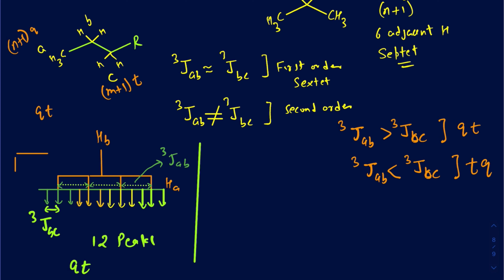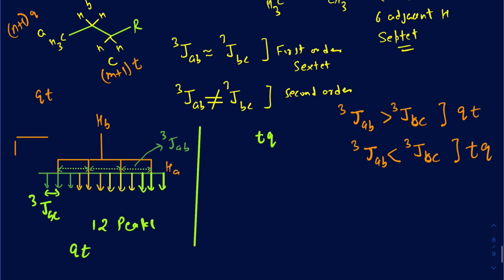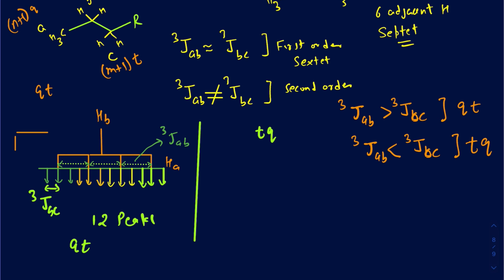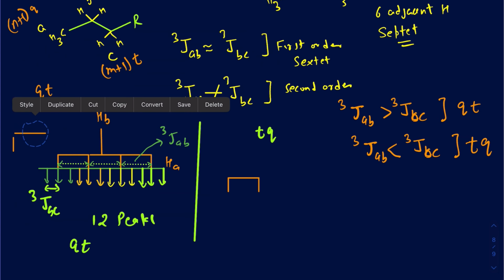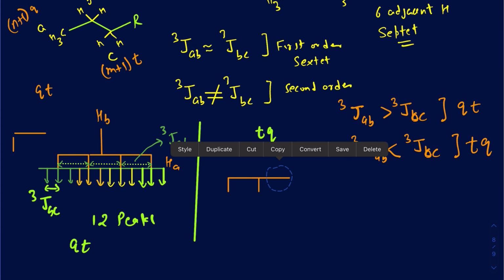So how would the tree diagram for a triplet of quartets look? I'm going to go ahead and first of all draw a triplet, and I'm just going to use these guys right there. That's one, that's two, and I need another one. So first you want to draw a triplet. This is what your triplet is going to be.